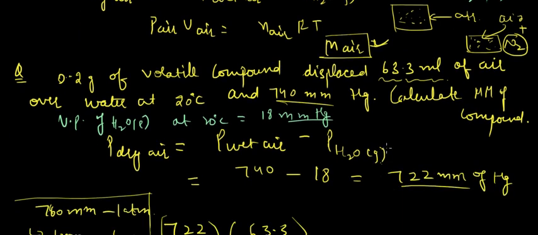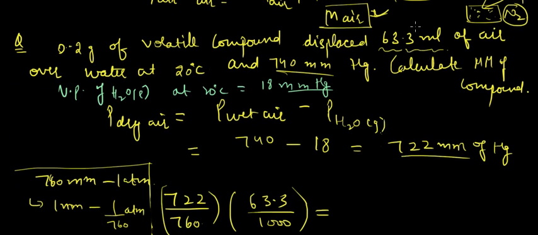So if 63.3 ml of air was displaced, the moles of air would be displaced by the gaseous moles of the compound introduced into the vessel. In this case, the air displaced would be equal to the number of moles of compound added.